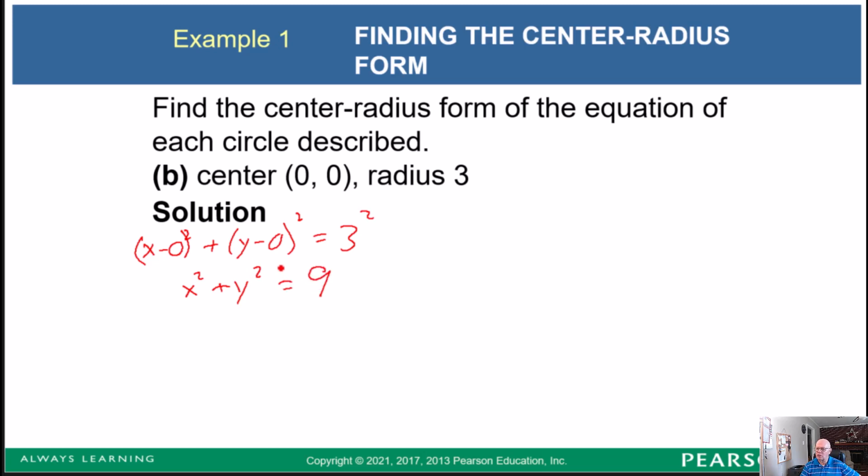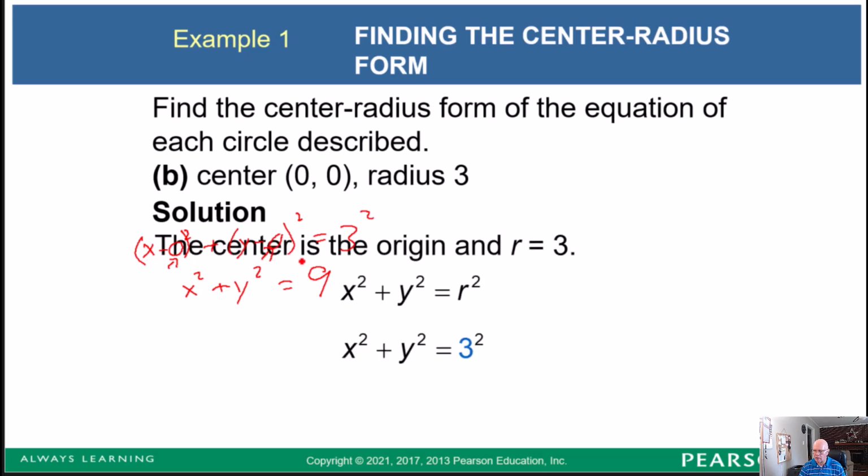And of course, you could have jumped right there because you already know that if the center is at 0, 0, it won't have an h and a k that's visible. And there you go.